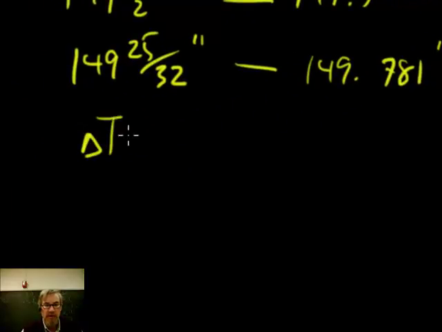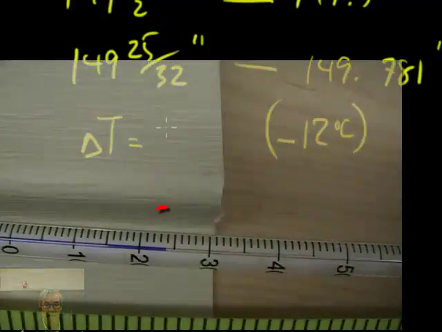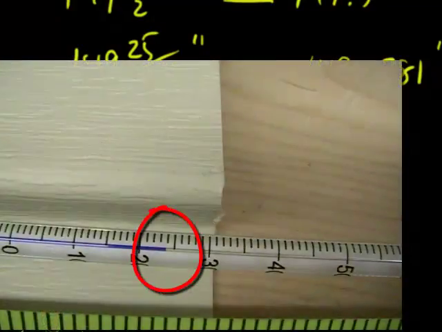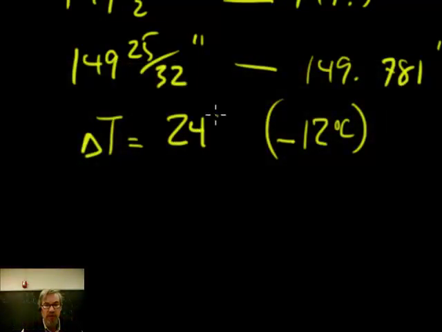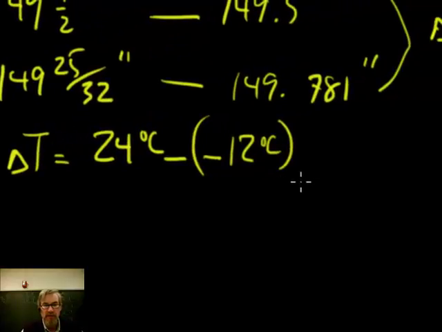Outside, when I took the temperature, it was negative 12 Celsius. Inside, the thermometer laying on the piece of siding showed that it was 24 degrees C. So if I subtract negative 12 from 24, I get a 36 degrees C delta T.